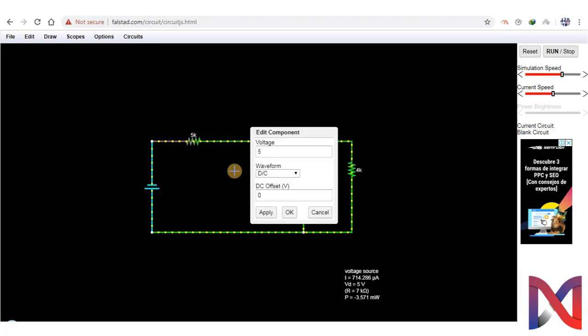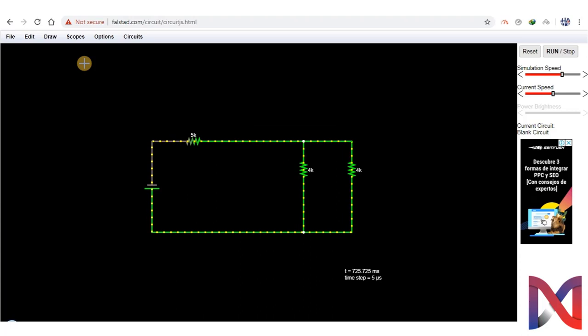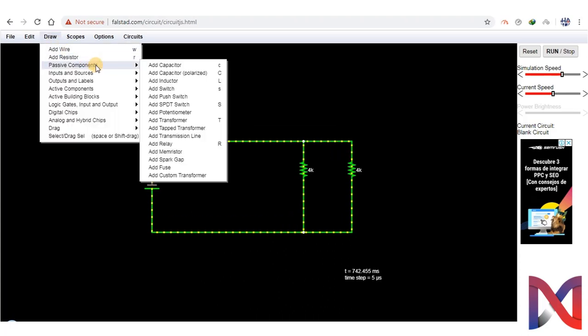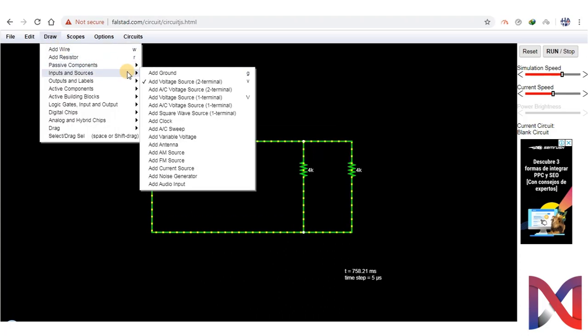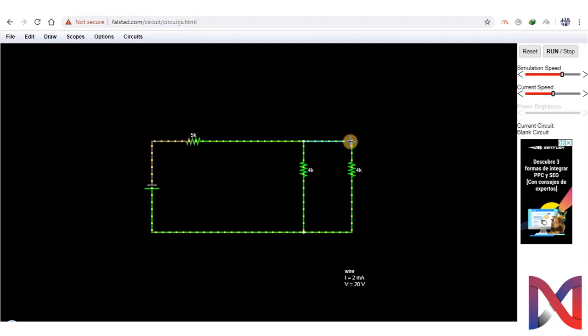Change its value to 28 volts. Click OK. Now we will place ground here. The green lines are positive voltages, red lines are negative voltages, while yellow dots are the flow of current.